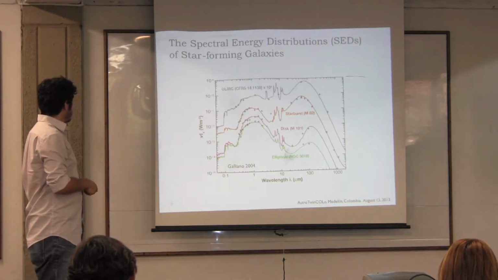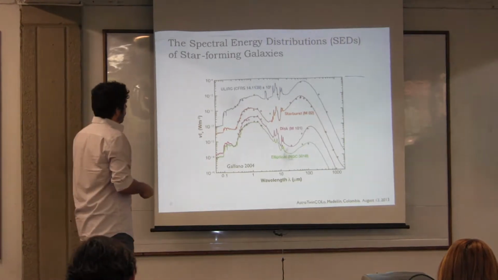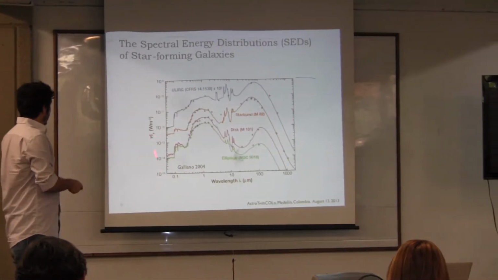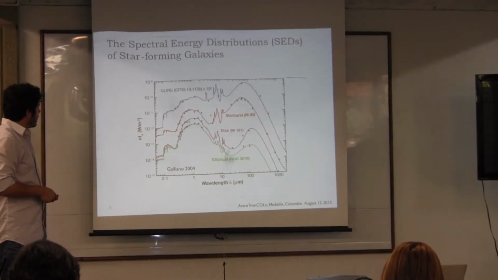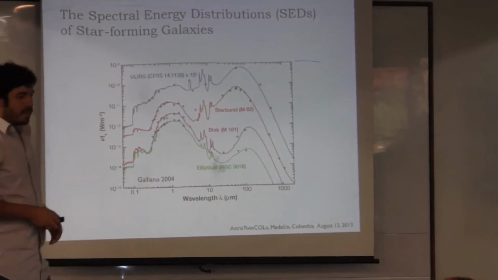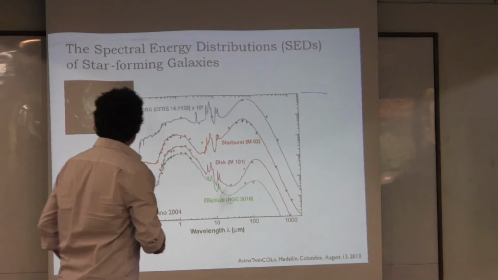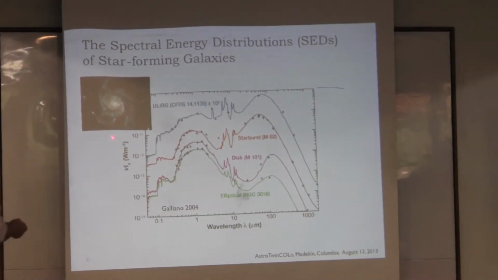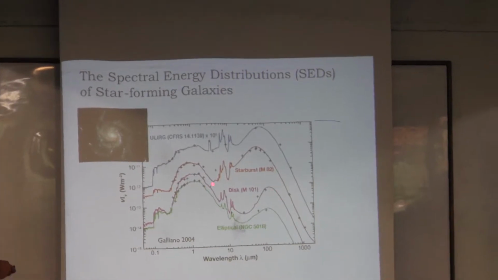What you see there is basically spectra of different types of galaxies, where you have the wavelength here and the intensity of these different galaxies here. Normal galaxies, like the Milky Way or M101, which looks like a normal spiral galaxy, have this spectral energy distribution.